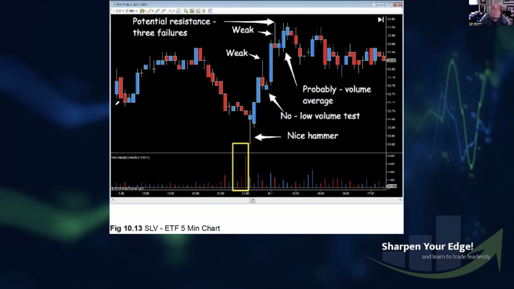A signal the price action was being validated by volume, which at this point is above average. Hard to see the volume down here, but the average is above.